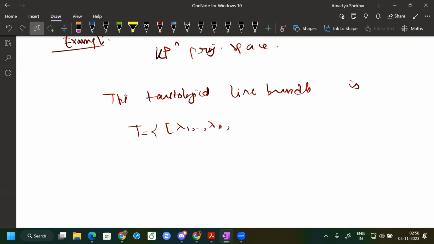And we have vectors. Well, U is basically, just call it lambda.